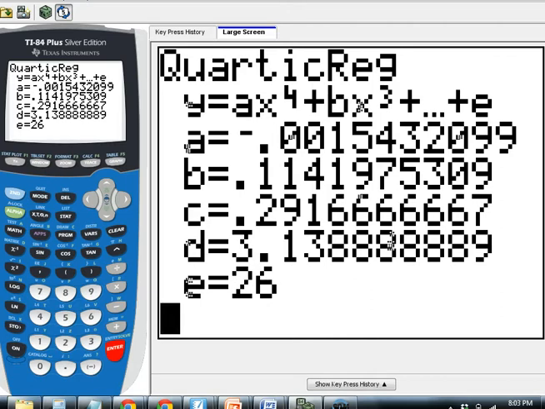That would be your quartic polynomial that would represent this data to the best of its ability. It might not be perfect, but in this case I think it is.